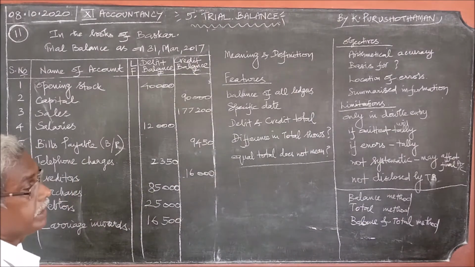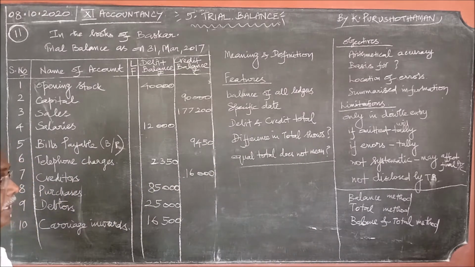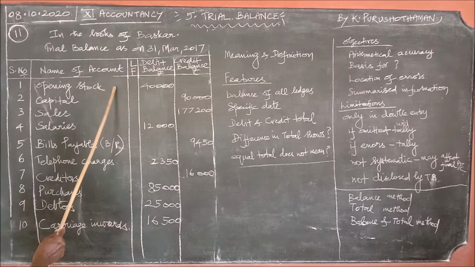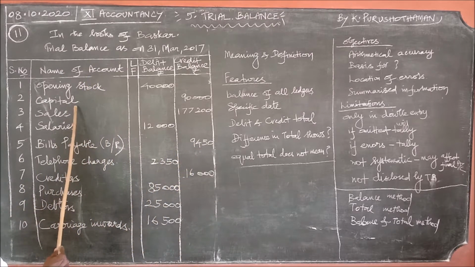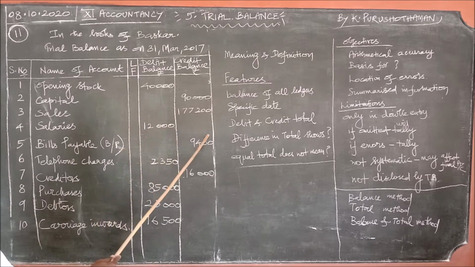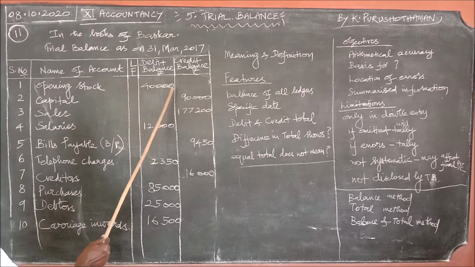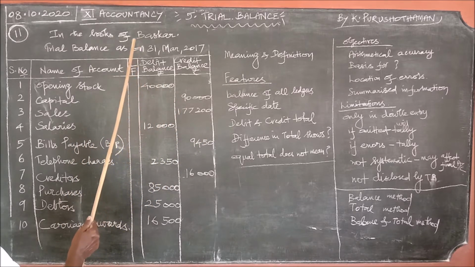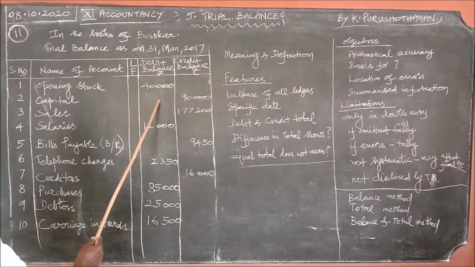what is the meaning of trial balance? And of course, we can say it as a definition. It is a statement prepared like this. A statement showing all the ledger balances. If brought down is on the debit, we will write the amount on the debit.